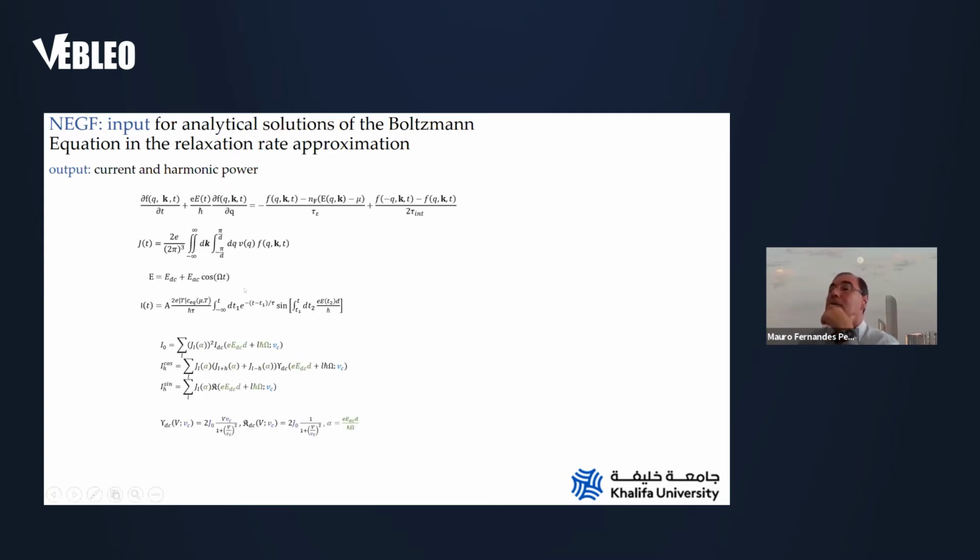So basically, I have a static and an oscillating field at a given frequency, and due to the nonlinear behavior of the current voltage, harmonics are generated, and these are the expressions that are programmed in our method.